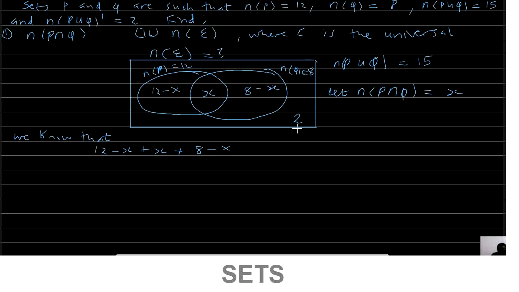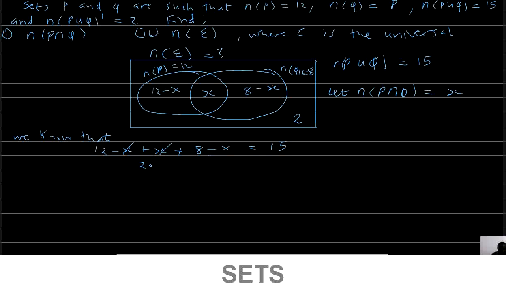Please don't add this one, because if you add this, then you'll be referring to the universal. So at the moment, we are adding what is here, here, and here to get the union of P and Q. So here we solve for X.